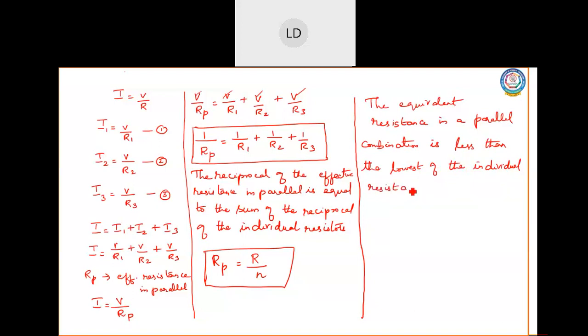Now once again I'll prove this. How am I going to prove this? Again I will take the same values. R1 is equal to 1 ohm. R2 is equal to 2 ohm. R3 is equal to 3 ohm.